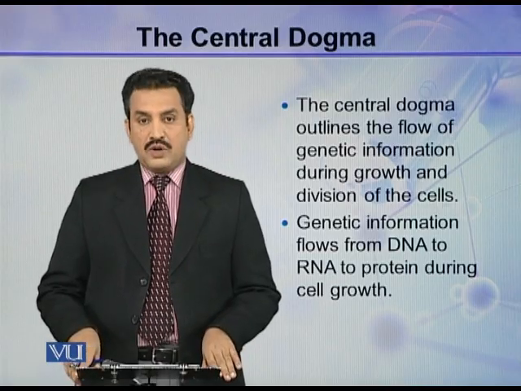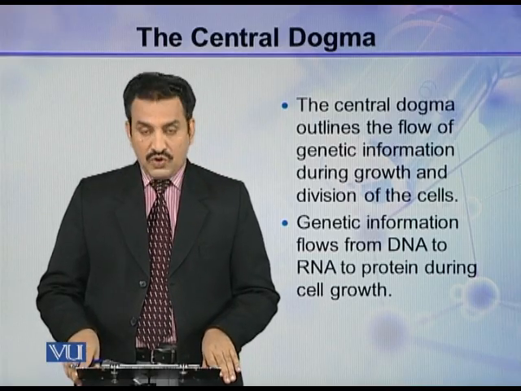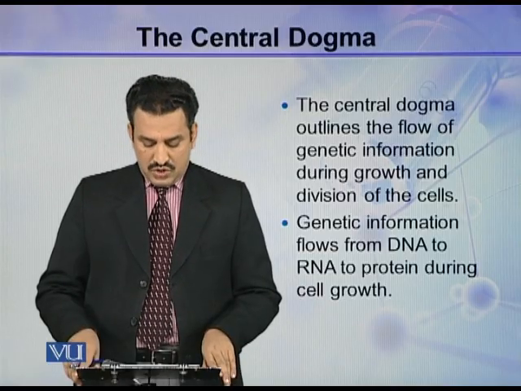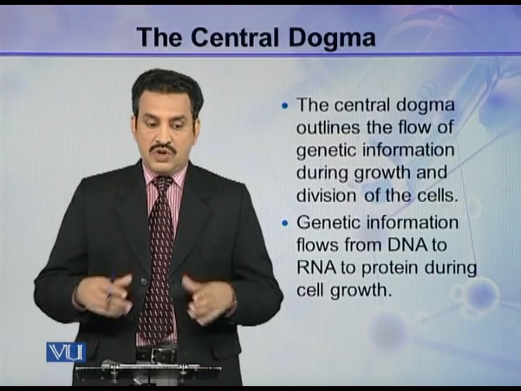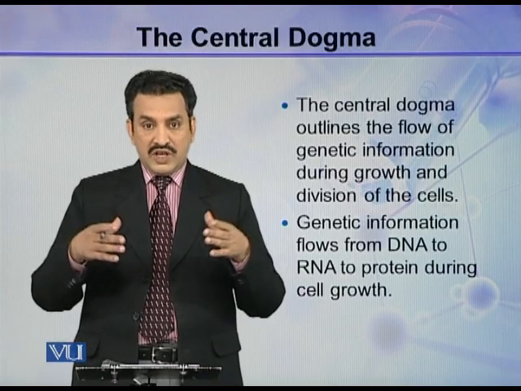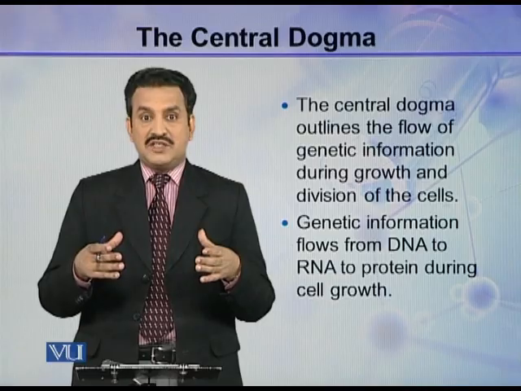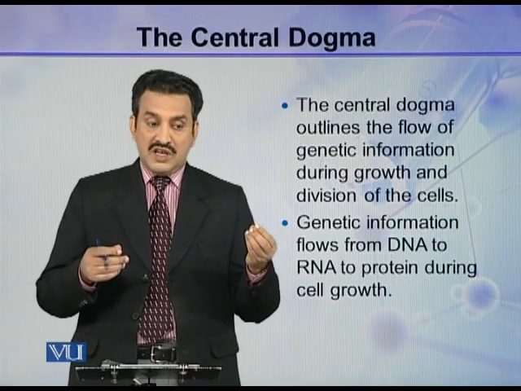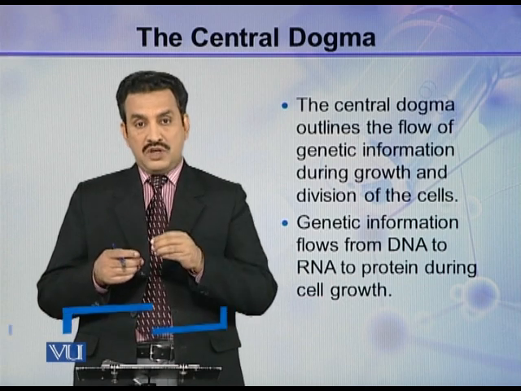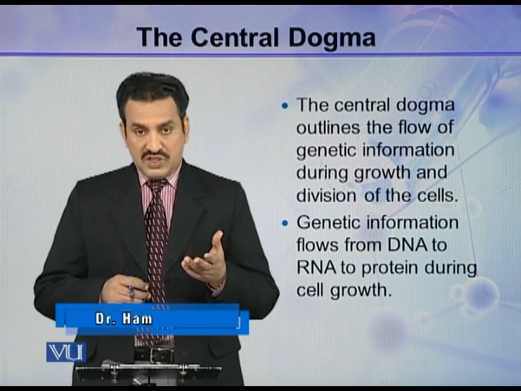The central dogma outlines the flow of genetic information during growth and division of the cells. When the cell is growing, it needs proteins. How is the information coded in DNA transferred to proteins for their synthesis?